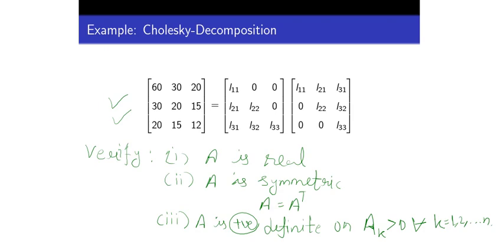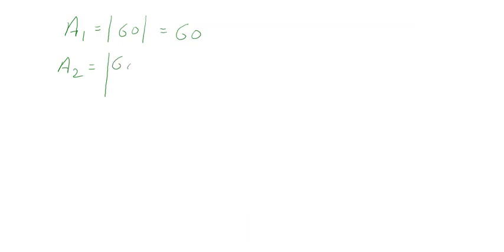So what is A1? This is 60, that is 60. What is A2? The first two rows and first two columns. So that is 60, 30, 30, 20. So 60, 30, 30 and 20. So what is this determinant value? This is 1200 minus 900, that is equal to 300, which is strictly greater than 0, right?